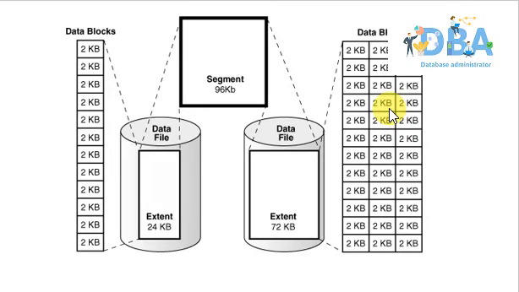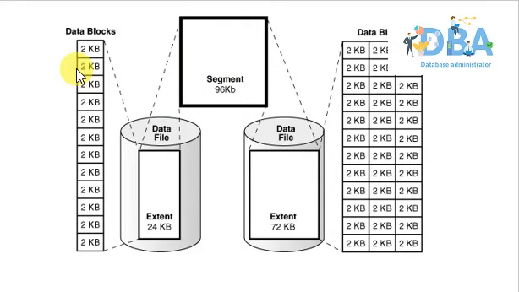The size may differ across the data files. On the right hand side the data file has 72 KB of data blocks, and on the left hand side the data file has only 24 KB. But in total these two data files represent 96 KB as a segment.